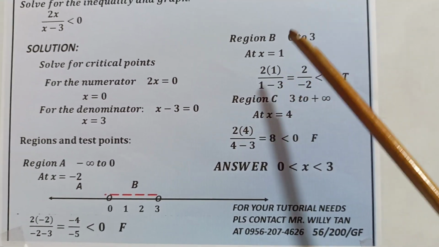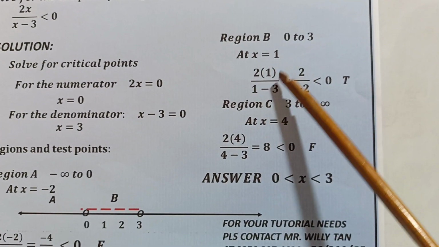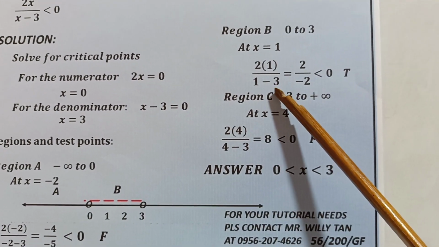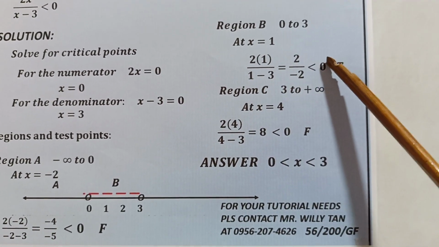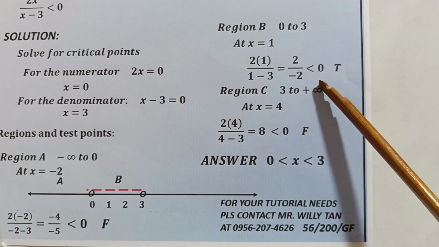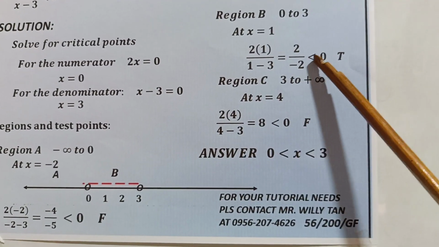So 2x over x minus 3: 2 times 1 over 1 minus 3. We have 2 over negative 2. Is that less than 0? Yes, because this is equal to negative 1, which is less than 0.